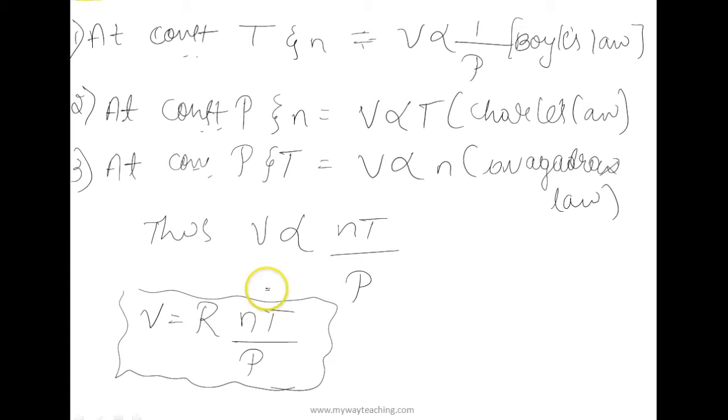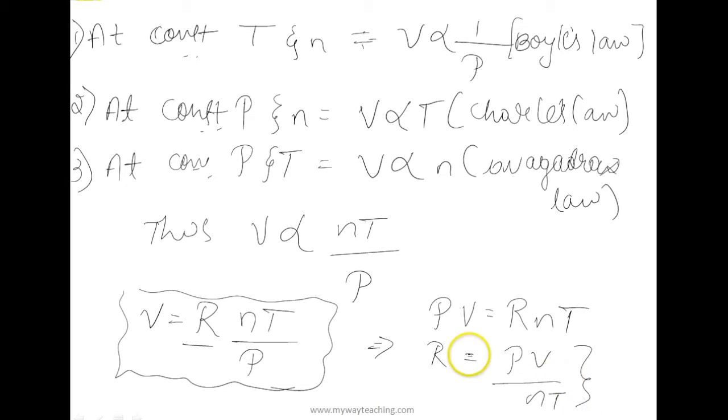On arranging the equation, PV is equal to RNT, R is equal to PV divided by NT. R is called the gas constant. It is the same for all gases, therefore it is also called universal gas constant. This is called the ideal gas equation. So note down.